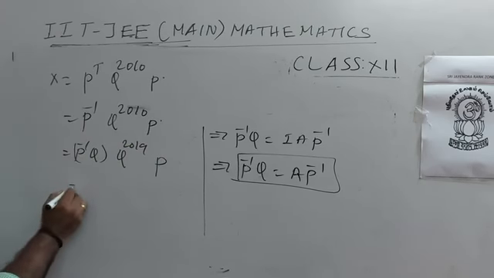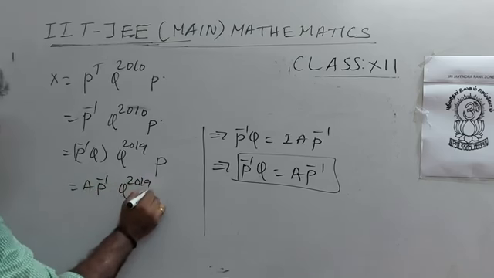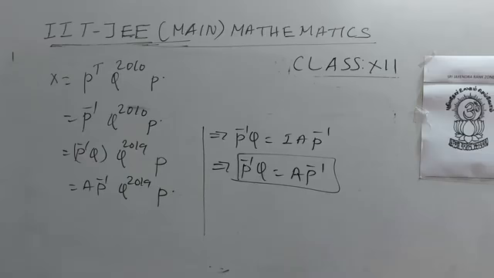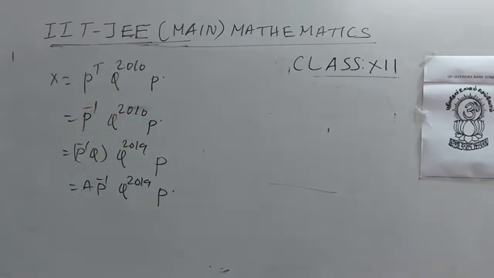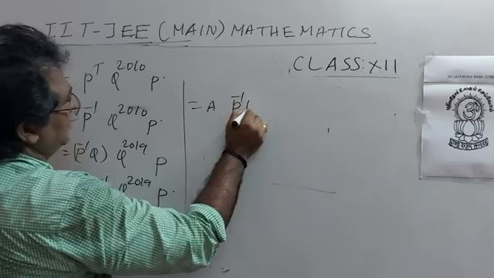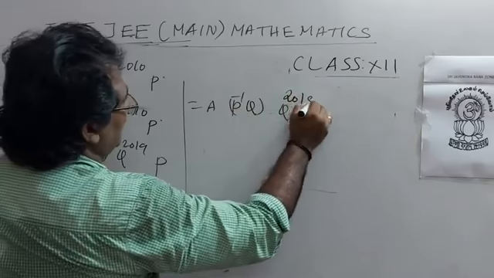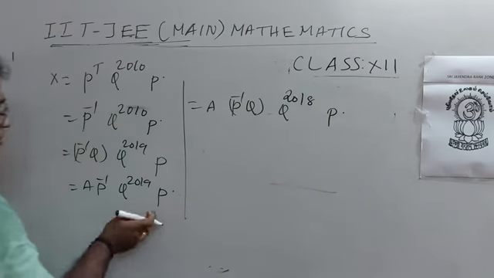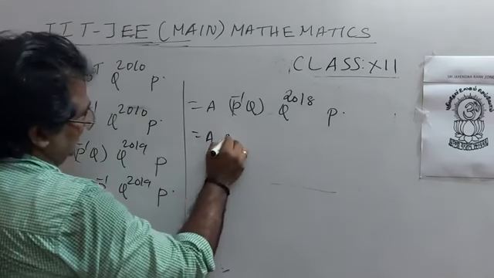But P inverse Q equal to A P inverse, so A P inverse Q power 2009 into P. Again take one more Q here: in P inverse Q, we can write A P inverse.